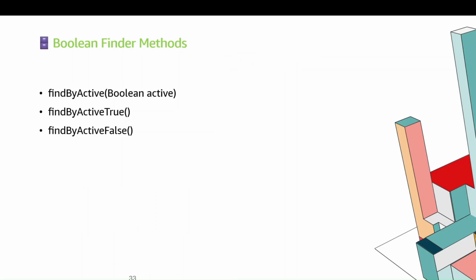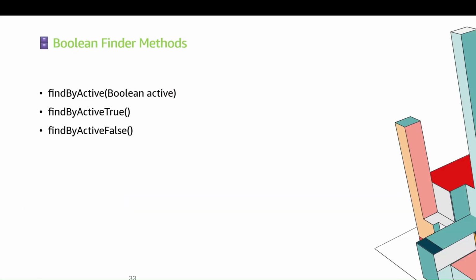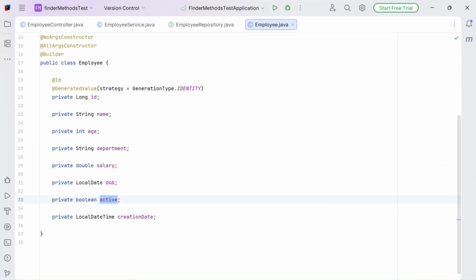Let's use finder methods for Boolean values. And let's develop finder methods for Boolean types. Here in the entity class, in the employee, active is a Boolean data type. Let's create finder methods for Boolean type.